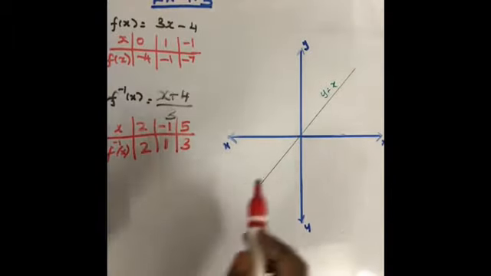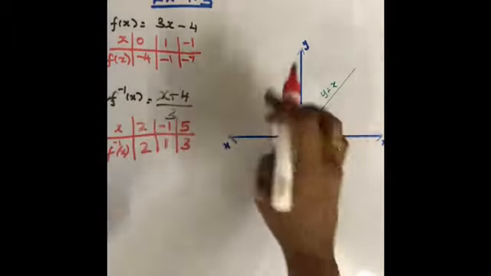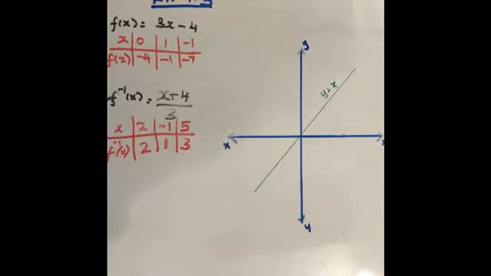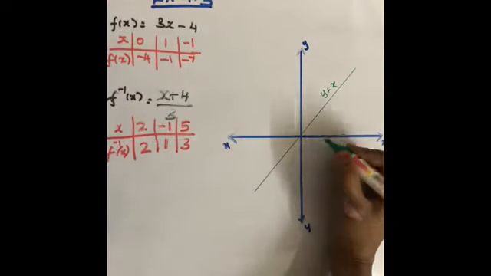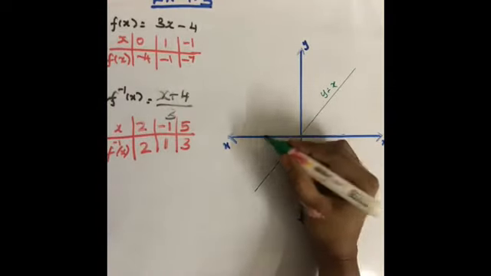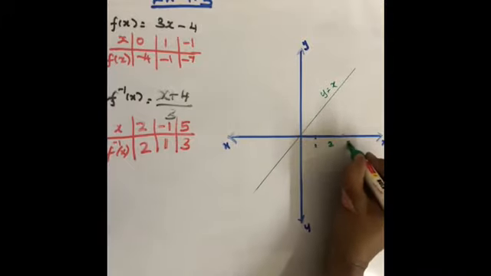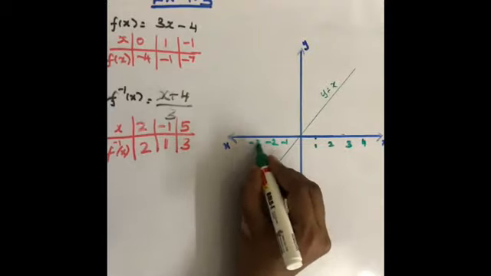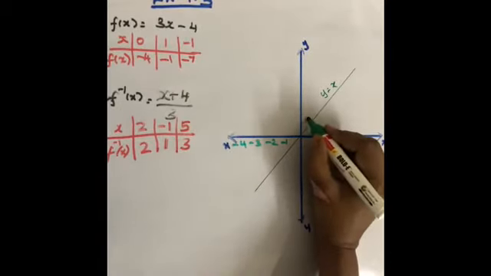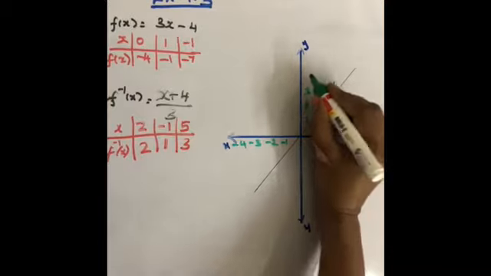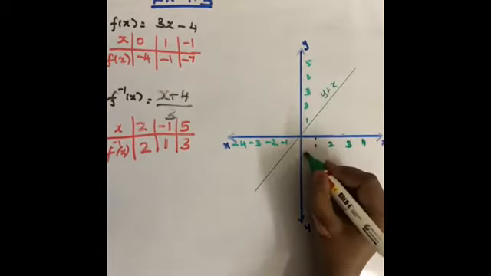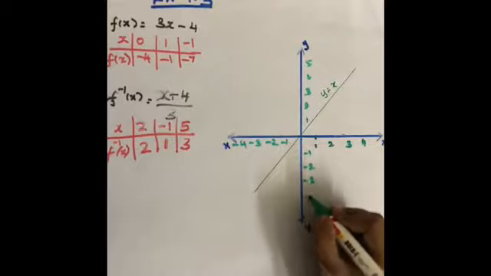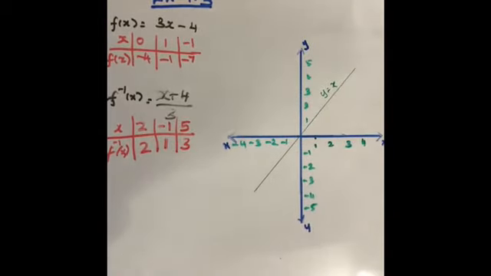Now, we are going to plot these points in the graph and we have to draw lines. So, first 0 and minus 4. So, 0 and minus 4, 1, 2, 3, 4, here minus 1, minus 3, minus 4 and minus 5. So, x is 0 and y is minus 4.